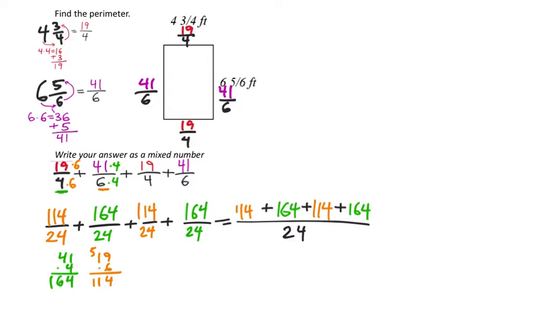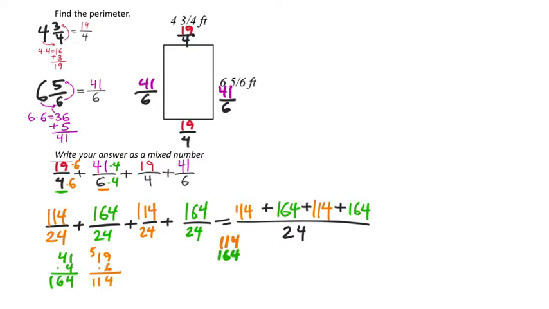But I'm going to add these 2 at a time, really just to make the math a little bit easier, or at least a smaller problem, which to me is easy. I would take the 114 and add the 164. It's just the first 2 values, and then once I get that sum, I'm going to add the other 114 right there. Now we've shown that in a few different ways, but I'm just going to stack this.